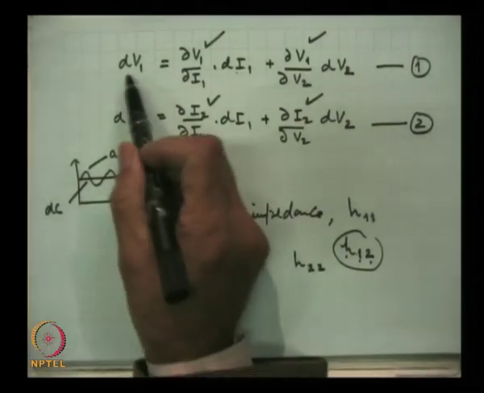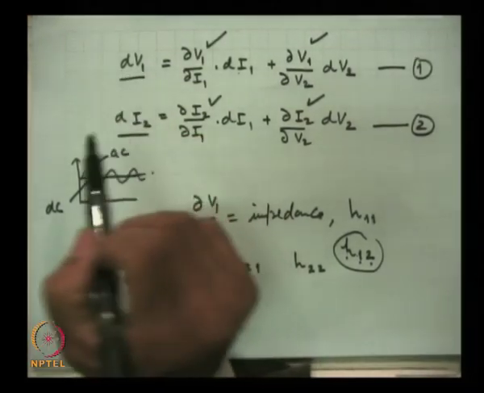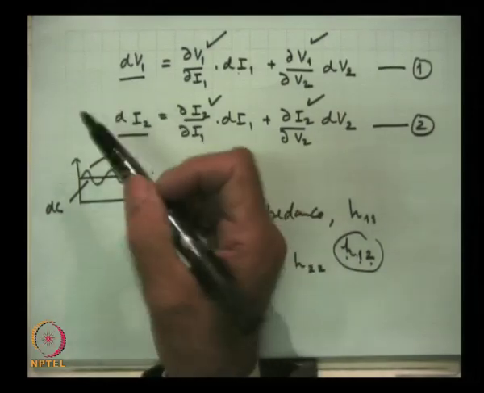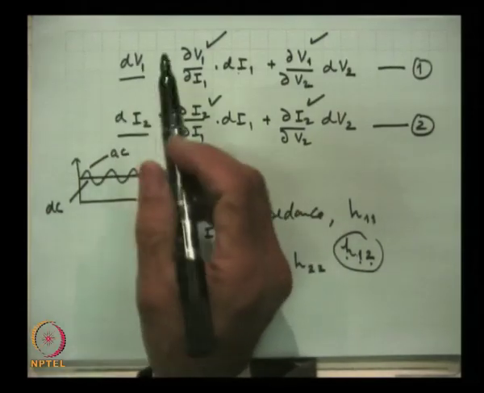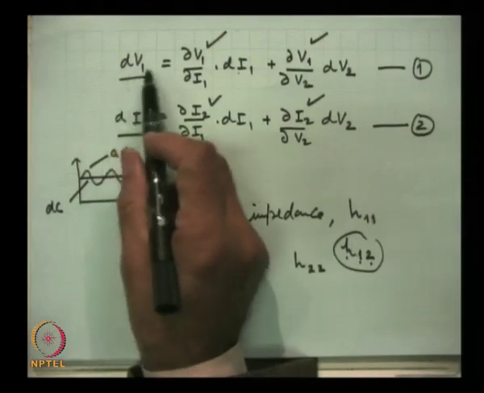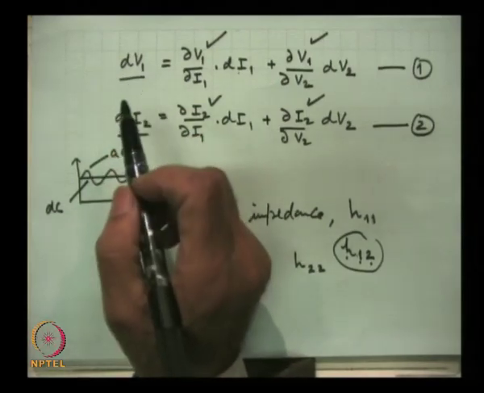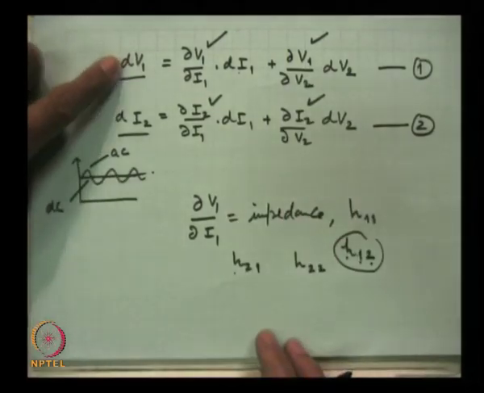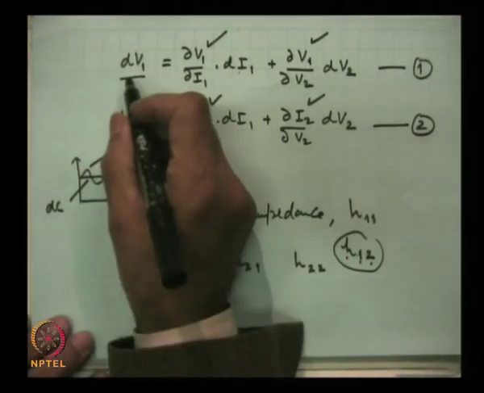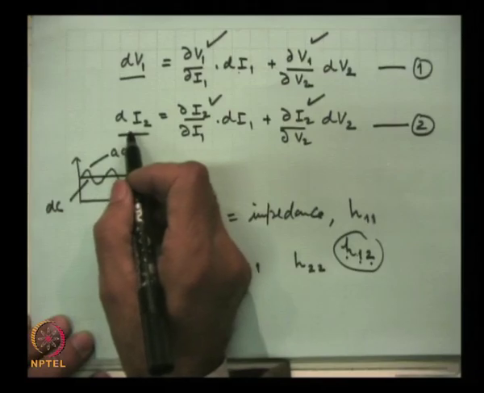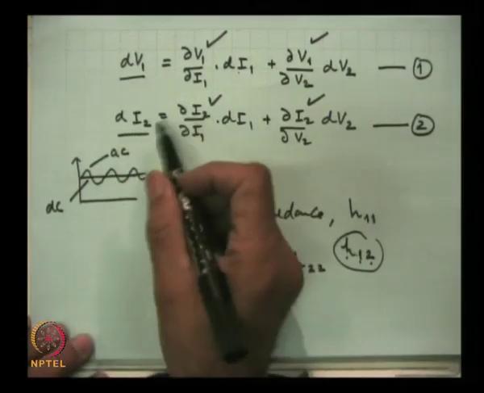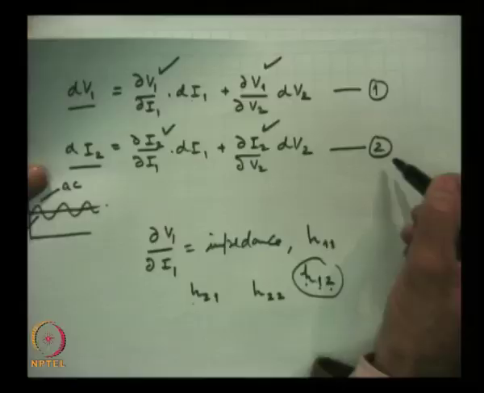Now, these are the variables, the varying quantity, and what will vary? DC is constant, AC part will vary. So, taking these AC quantities, we write them with small letters. So, we write this as small v 1 and this as small i 2, and then we can write equations 1 and 2 like this.